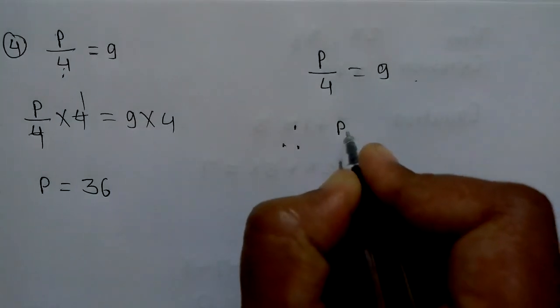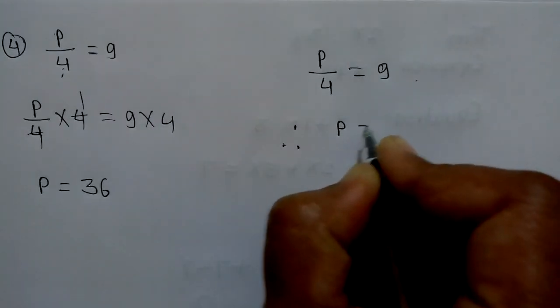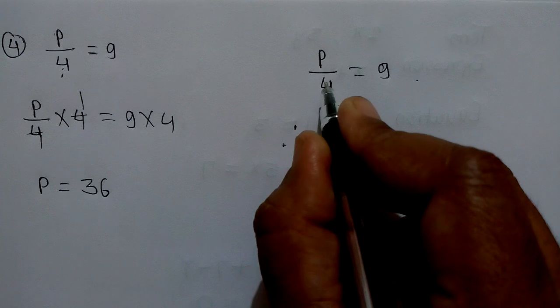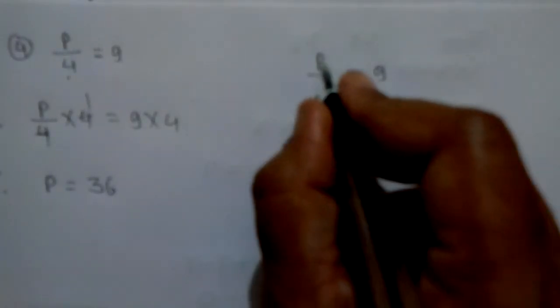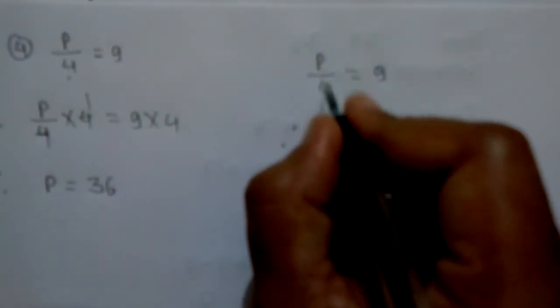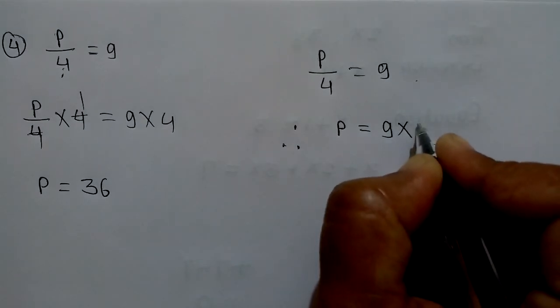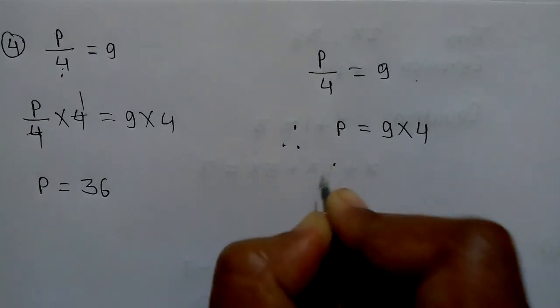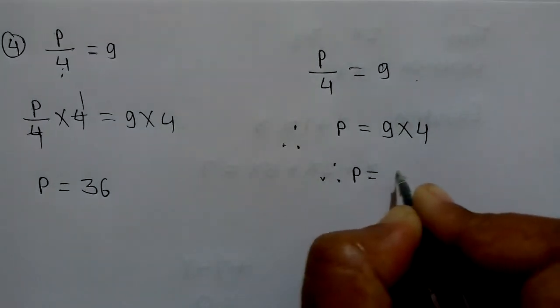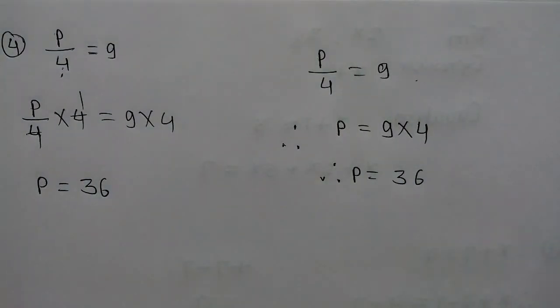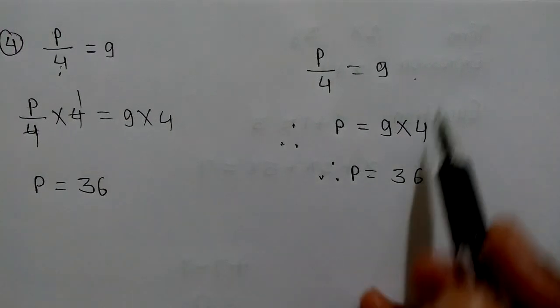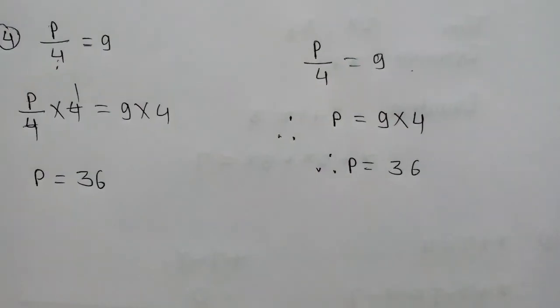So p is equal to 9 multiplied by 4. Therefore p is equal to 36. So you can use either method, but this second one is simpler than the first one.